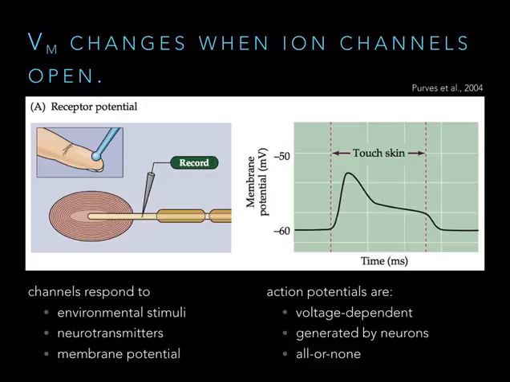So for example, if you were to press on your fingertip, as is going on in this cartoon, there are special receptors there to sense the pressure, and then they pull open ion channels with the mechanical force of the pressure. So by pushing down, that stretches cell membranes, and it actually physically pulls open those aqueous pores, and ions move through them. And what you get is a change in the membrane potential. So when you touch the skin, those neurons that are receptive to touch are going to depolarize a bit.